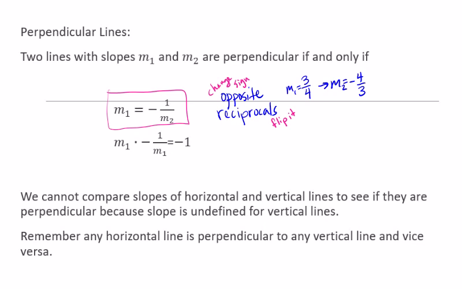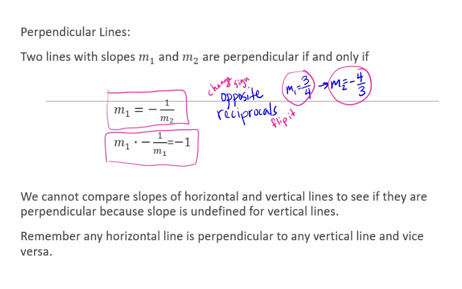This next statement basically says that if you multiply m1 by negative 1 over m1, you would get negative 1. In other words, if you multiply the two perpendicular slopes, you'll get negative 1. And that's true if you think about it. If you multiply 3/4 times negative 4/3, the reciprocals cancel out to 1, but since they're opposites, you'll get a negative.